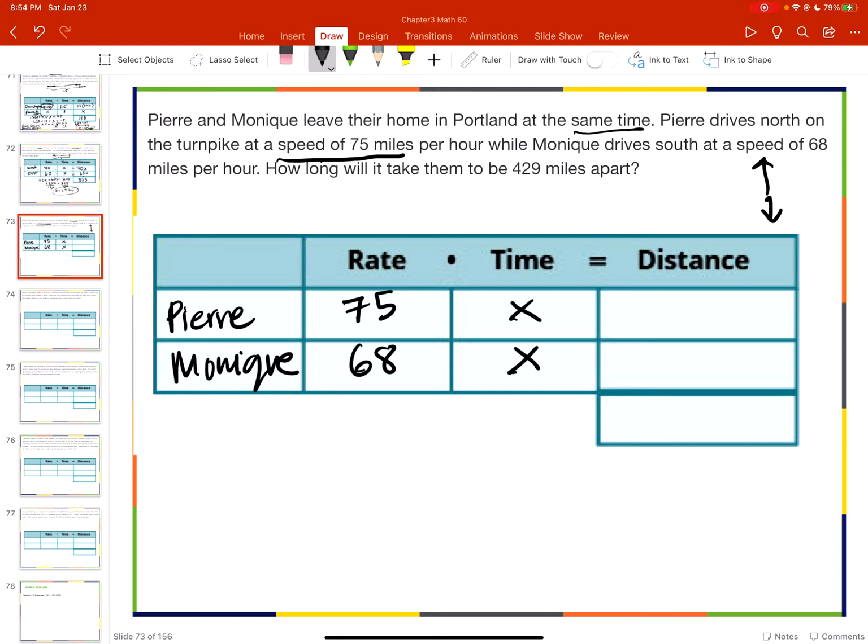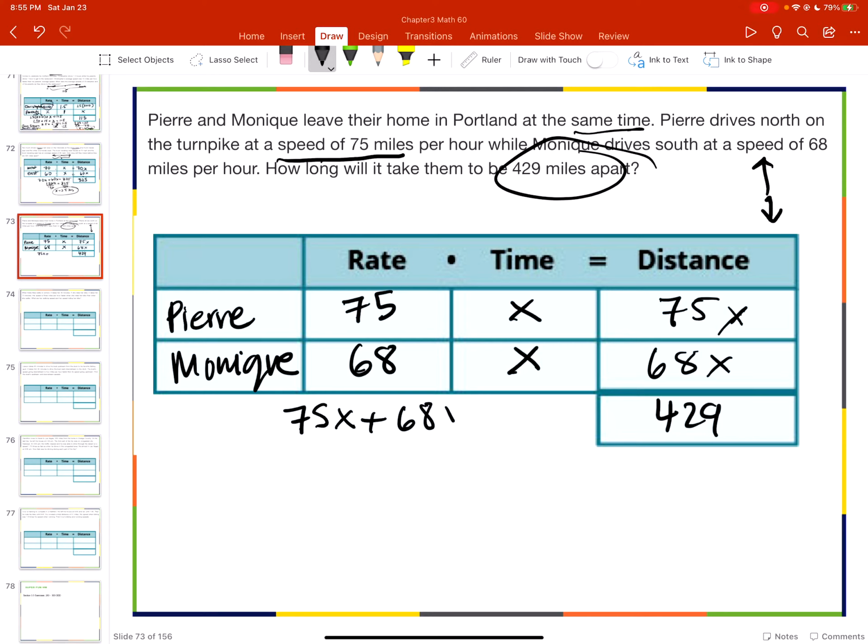So then multiplying across, we get 75x, 68x. And then together, because they're traveling in opposite directions, that's going to be 429. So then let's go ahead and add. So 75x plus 68x is equal to 429.